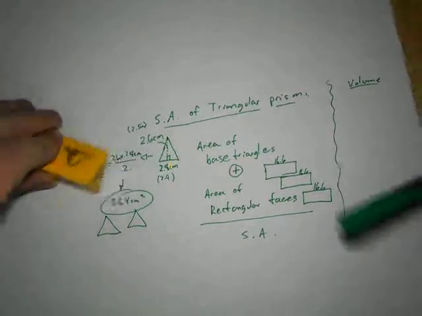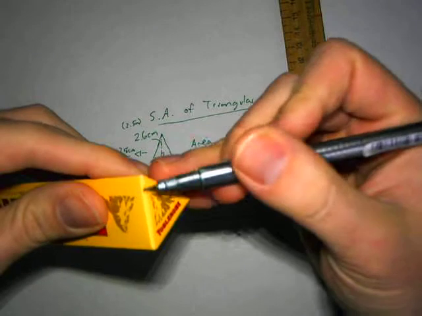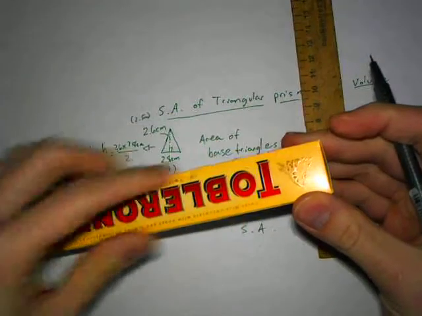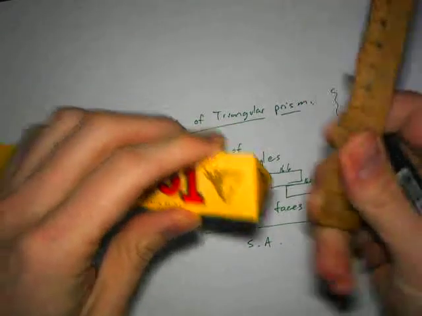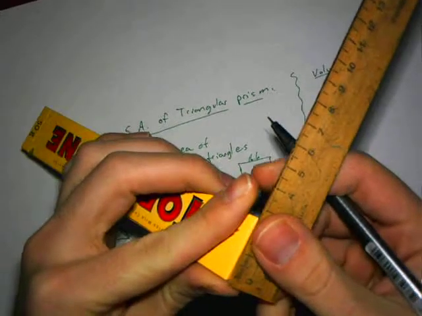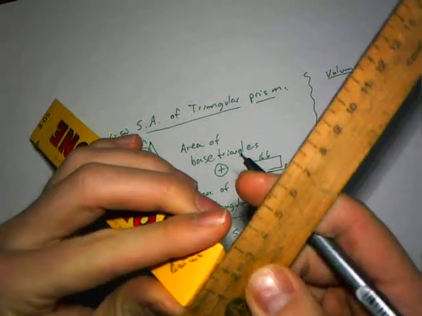Then we need to know the size of our triangle, this part here. Because if we're measuring the area of this rectangle here, we need to know what this side here is. You can use a ruler and measure it. It's just a little shy of 3.